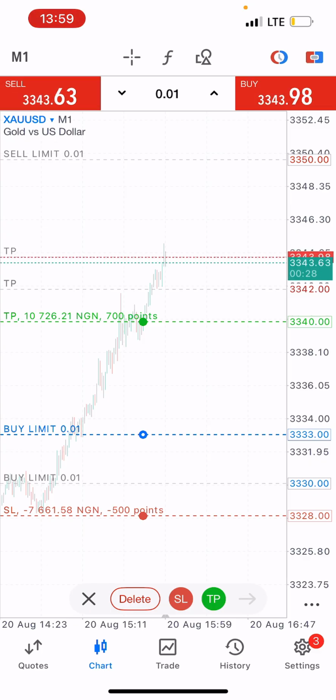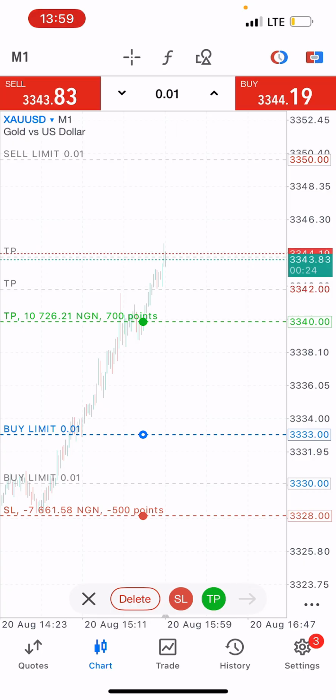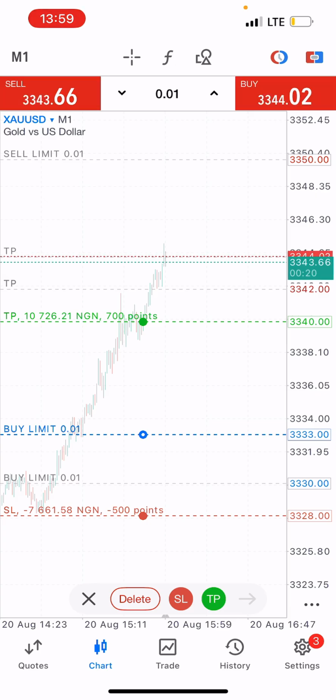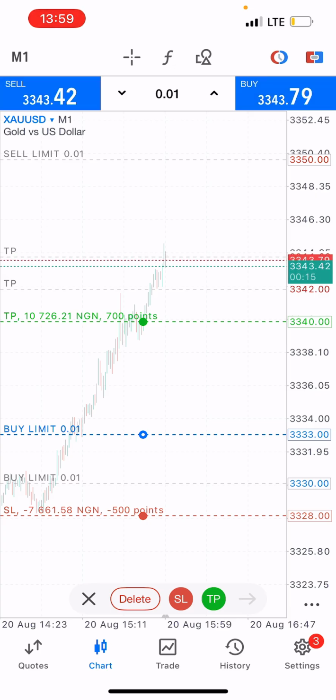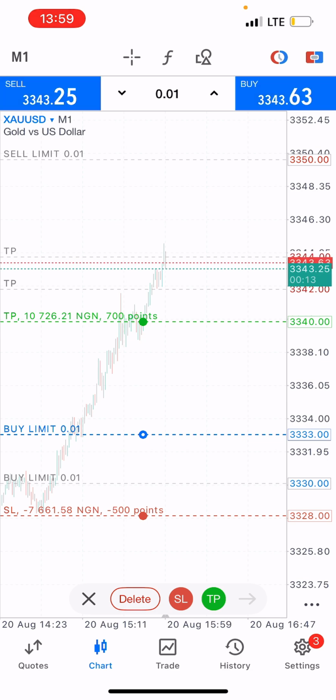So you see that in buy limits, the lower the number, the higher the profit. The higher number equals higher risk, lower profit. Lower number equals lower risk, higher profit.